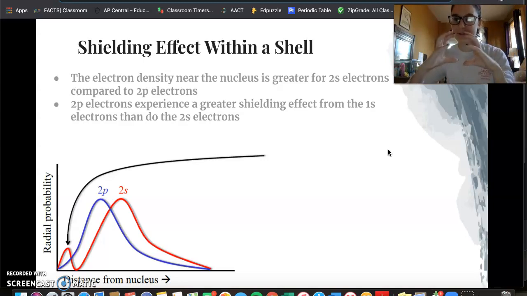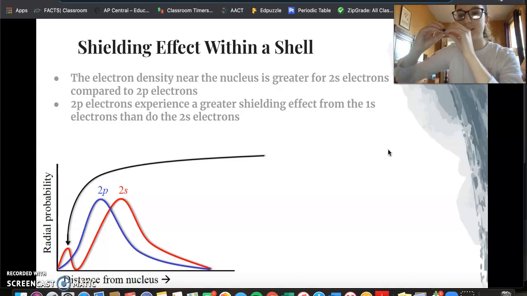The s was a sphere shape. Okay, so that was the 90%. It could be found within the sphere. This sphere has a lot of space, if we consider the nucleus in the very center, a lot of space where an electron could be closer to the nucleus. If you consider the p shape, whether it's x, y, or z p, it had a peanut shape where it had like two circles, kind of like a figure 8.